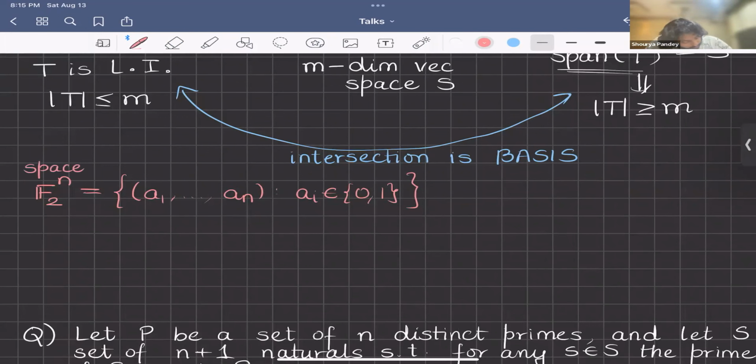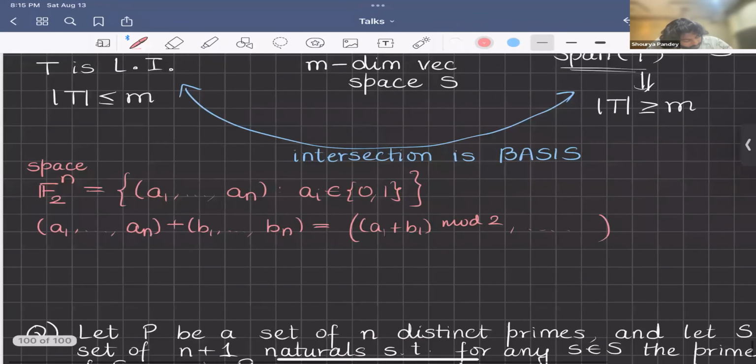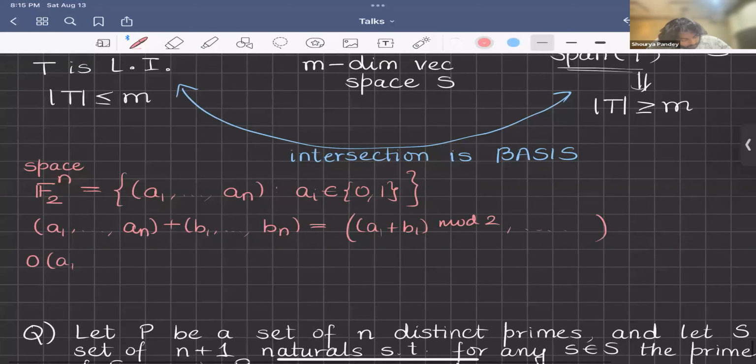And addition works mod 2, basically. So it's a1 plus v1 mod 2, etc. And 0 multiplied by a vector is just all zeros.